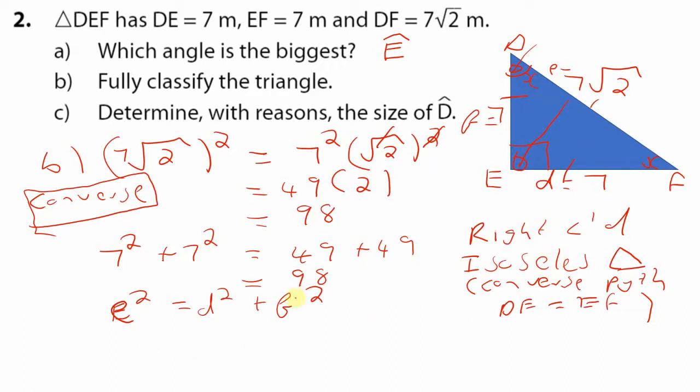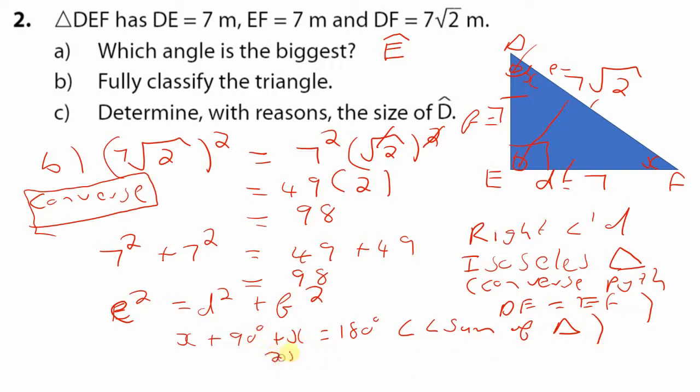So therefore we can make a statement that X plus 90 degrees plus X equals 180 degrees. Reason: angle sum of triangle. We know it's 180 degrees. Now we can solve.